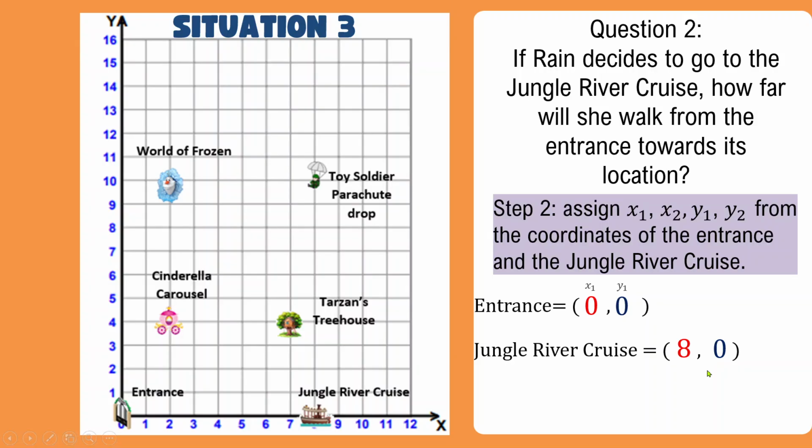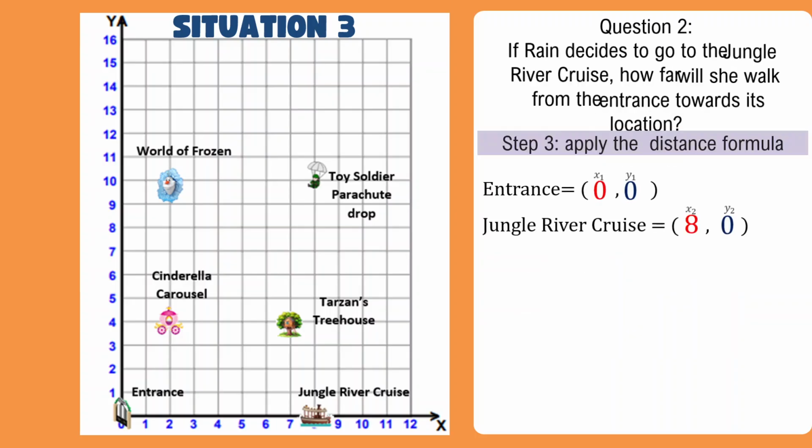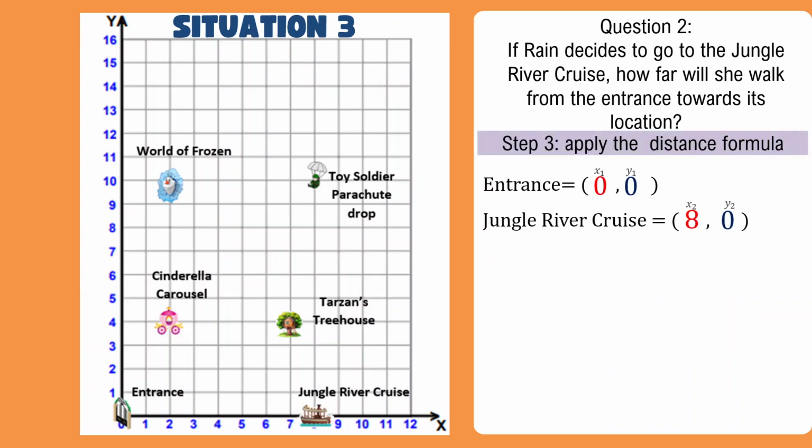Your x sub 2 and y sub 2 is at the Jungle River Cruise. So x sub 2, y sub 2. Step 3 is to apply the distance formula. So distance formula, and then substitute.